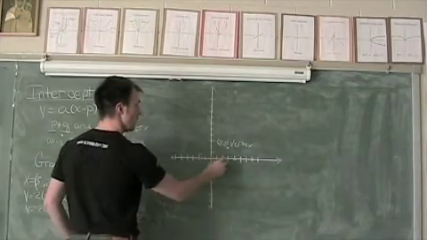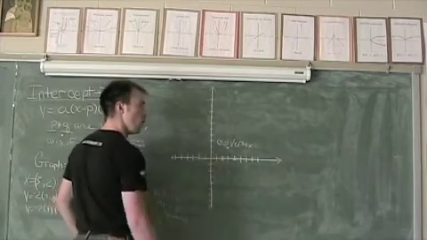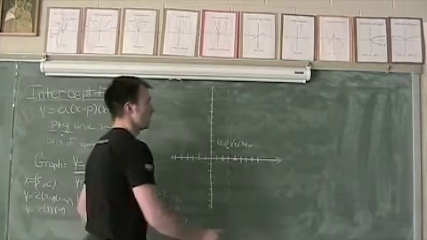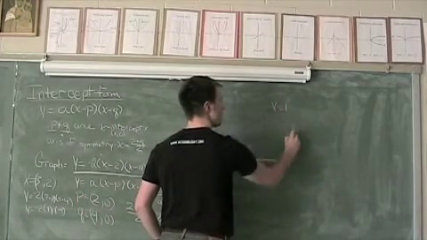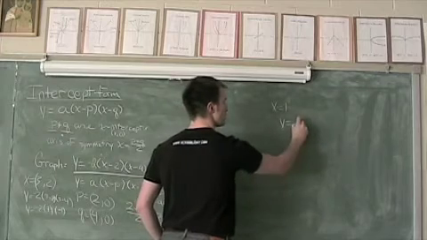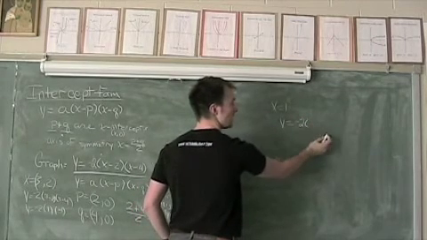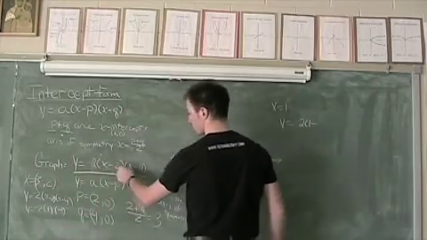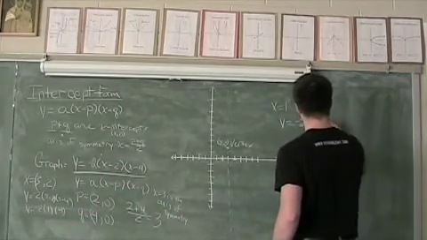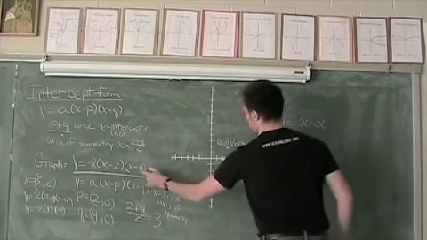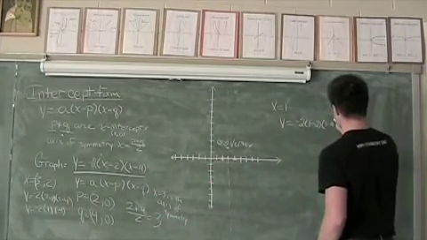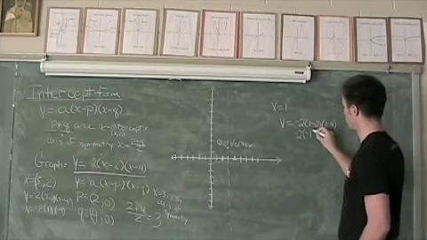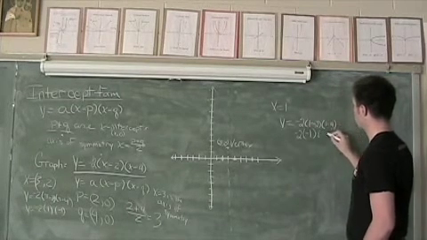So choose one point. I'm going to choose one point over here, where x equals 1. Okay? So evaluating the x equals 1 spot. When x equals 1, y is equal to negative 2 times (1 minus 2), times (1 minus 4).